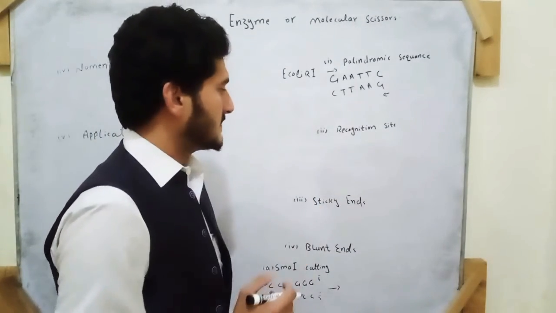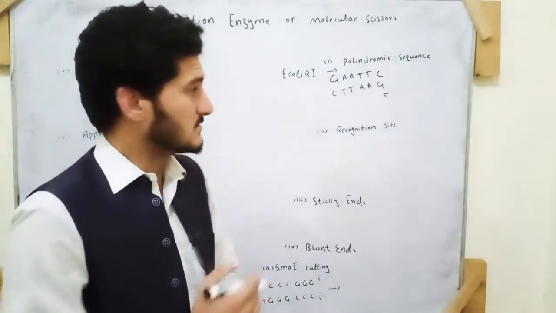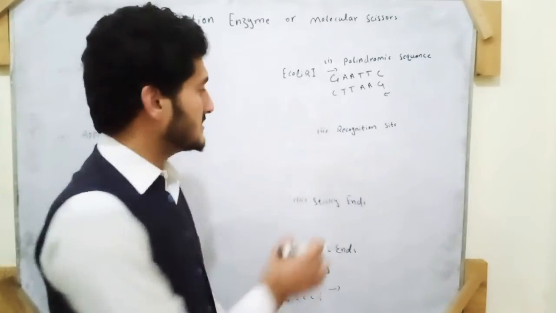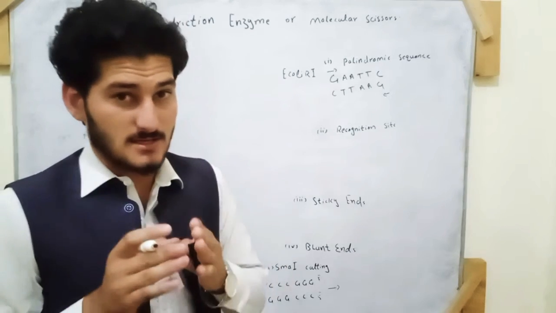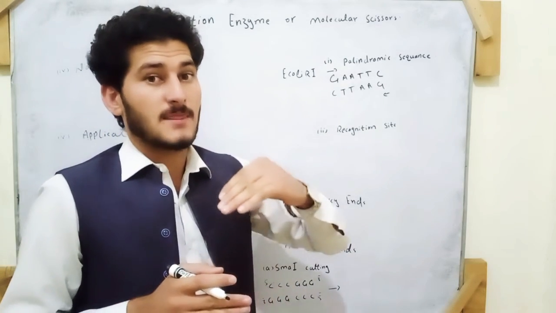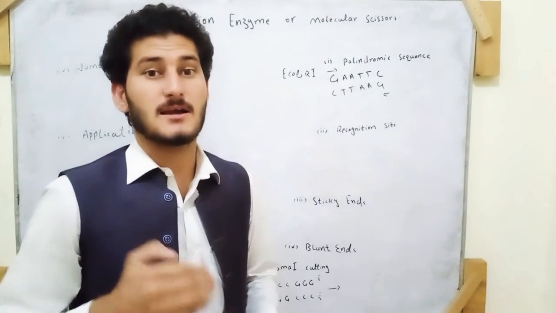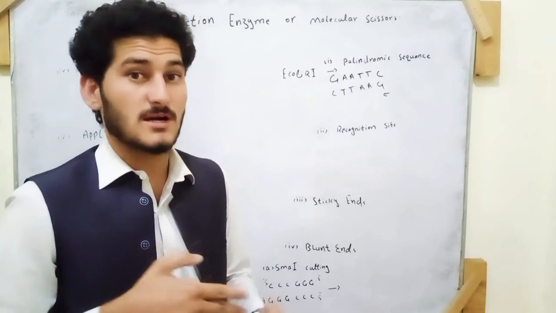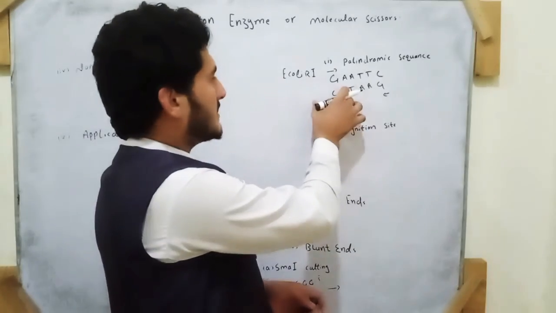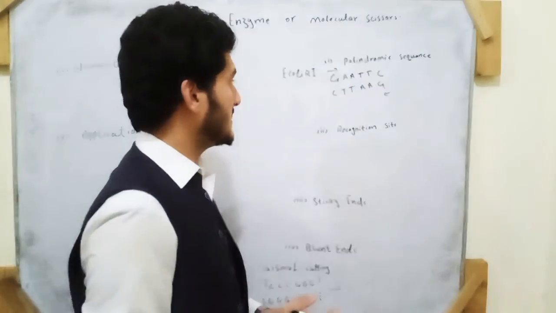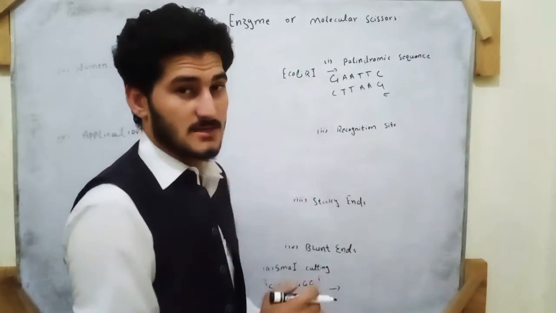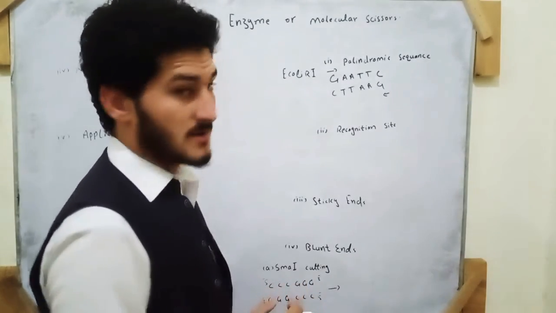Now the second terminology used in the restriction enzyme topic is the recognition site. Recognition sites are those sites to which the restriction enzyme attaches, and they cut at the recognition site. Suppose this is the example of the EcoR1 restriction enzyme, which came from the Escherichia coli strain of bacteria.